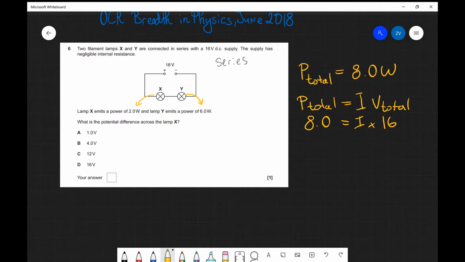Now we can rearrange for I, and I is going to be 8.0 divided by 16, which gives us half, so 0.50 amps. Perfect. Now we know that there's a current of 0.5 amps going through both of the bulbs.